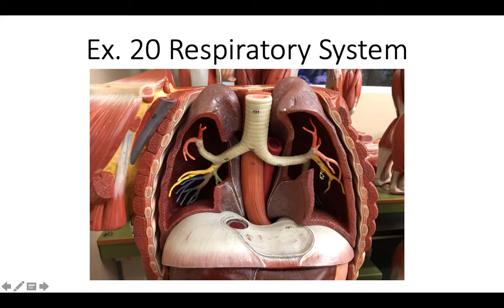When we talk about the conducting system, some of the important things to remember about the anatomy and the physiology as well is that they are lined with mucous membranes. And these mucous membranes have multiple functions. One, they are there to warm and humidify air on its way to the lungs.